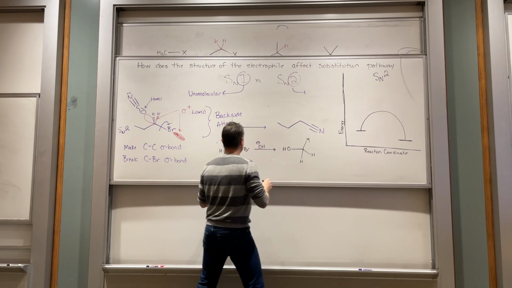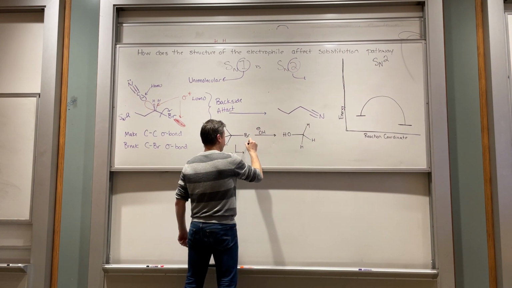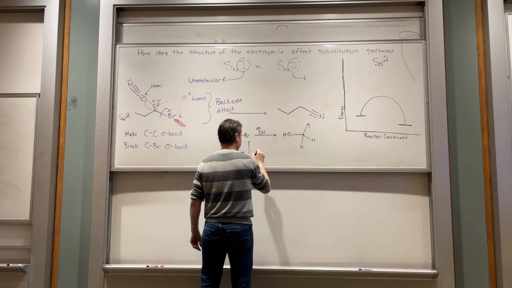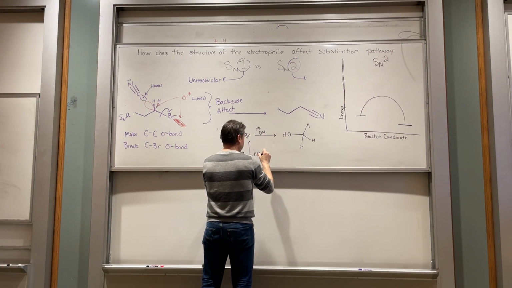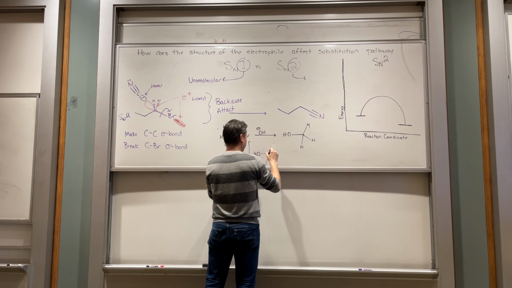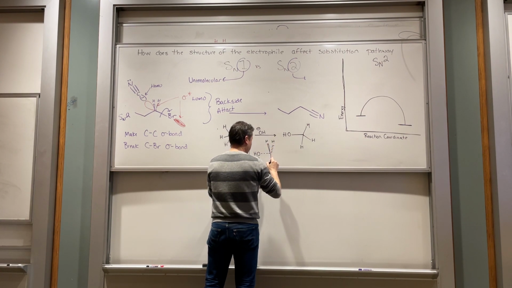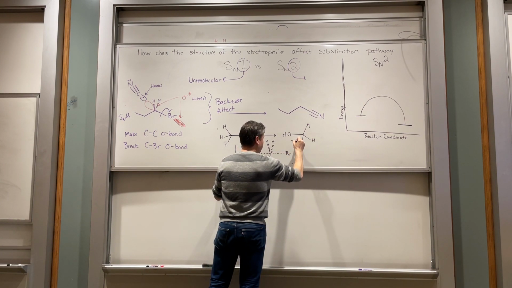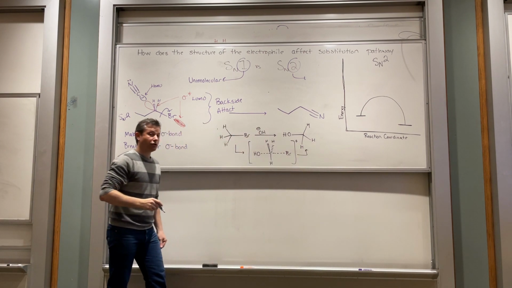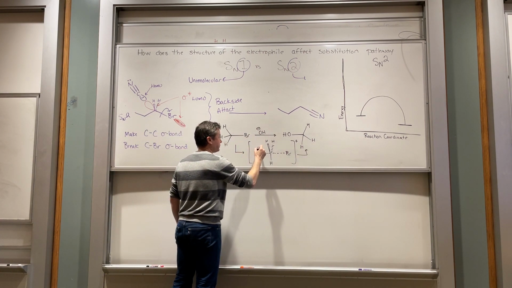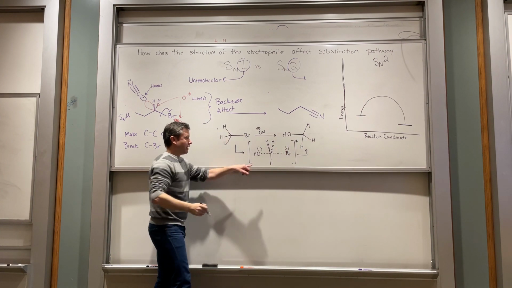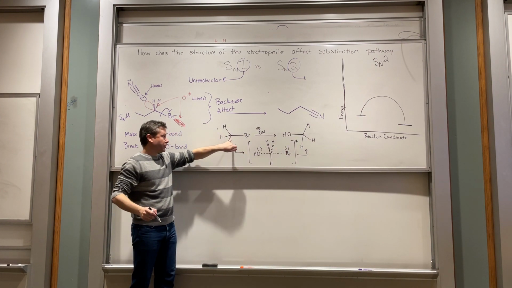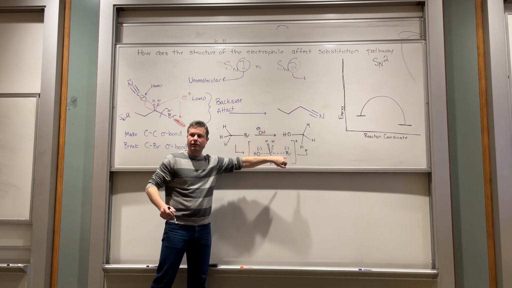Okay, we can even, if we wanted to, show the transition state for this reaction. As the oxygen is adding to the carbon, the bromine is leaving the carbon.